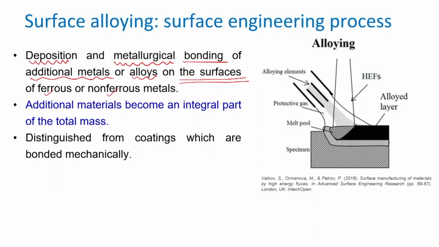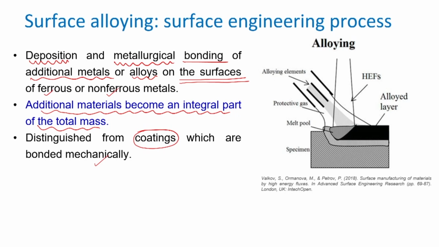During the process of alloying, basically the additional material will become an integral part of the total mass, and it is distinguished from the coating. In coatings in general, the material is getting bonded mechanically. So, alloying is the process in which the deposited material will get mixed thoroughly with the substrate material, and we are getting an entirely different composition.